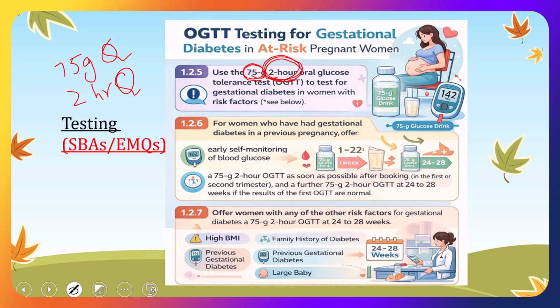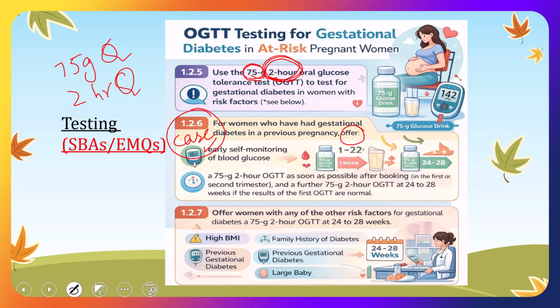For women who have had gestational diabetes in a previous pregnancy, how are you going to conduct the OGTT? You can remember it as case 1: among the 5 risk factors, the first risk factor we are taking out is the woman having a history of gestational diabetes in a previous pregnancy. You are going to offer her early self-monitoring of blood glucose.